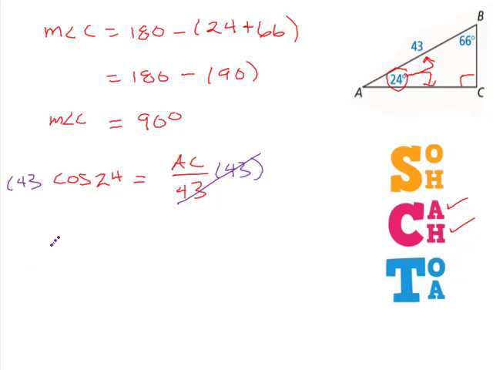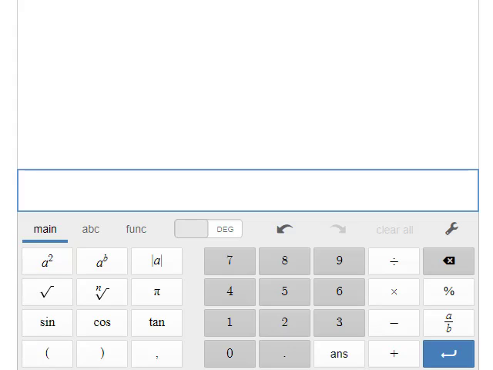Here we will cancel. I'm going to use the symmetric property again. So AC is equal to 43 times the cosine of 24. I'm going to use my decimal calculator to approximate this answer. So let's plug in 43 cosine, and that was 24, close parentheses.